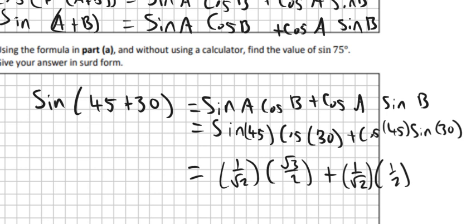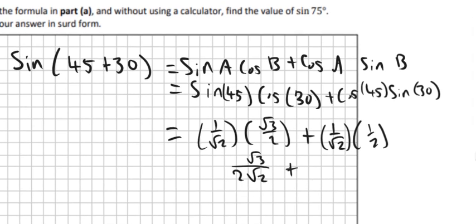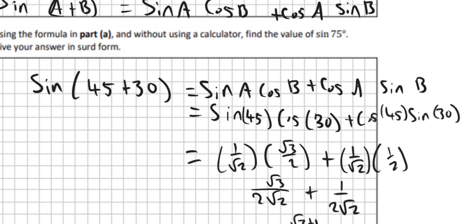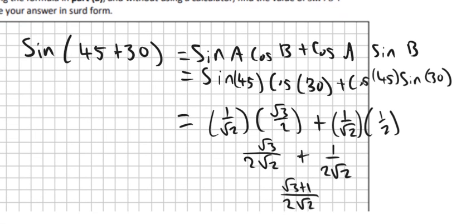So we've got 2 root 2 on the bottom, and on top we just have root 3 plus, and then we've got 1 and 2 root 2 on the bottom again, so you do the same thing on the bottom, so we can just say root 3 plus 1. You could simplify it further, but you don't need to. It just says to give your answer in surd form, so it's in surd form. So that's B.